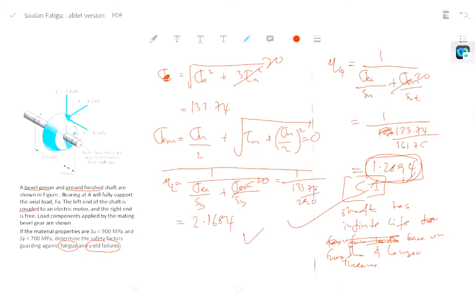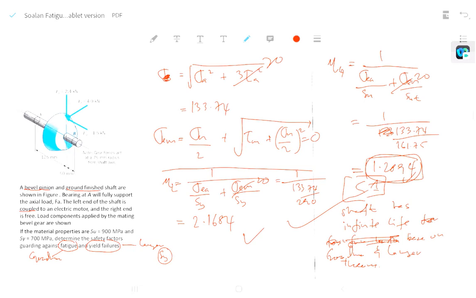Okay. So this fatigue and yield failure is Langes. Fatigue is Goodman. Safety factor, because Langes is just yield strength.